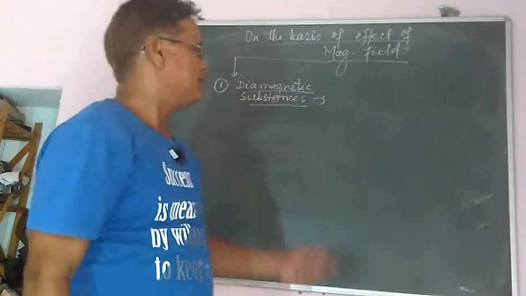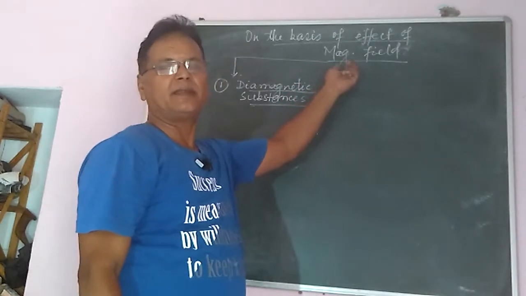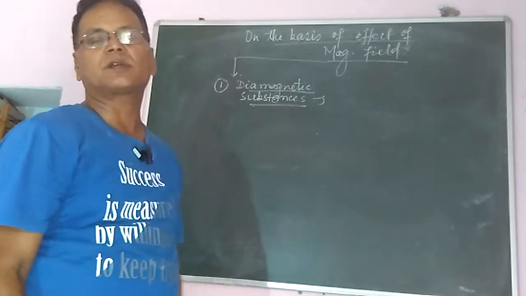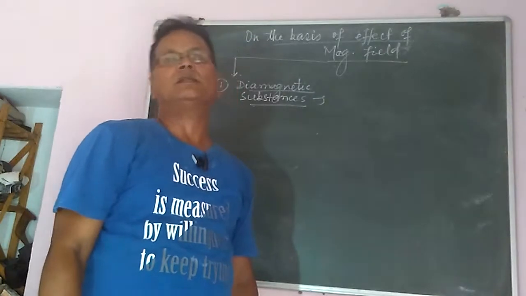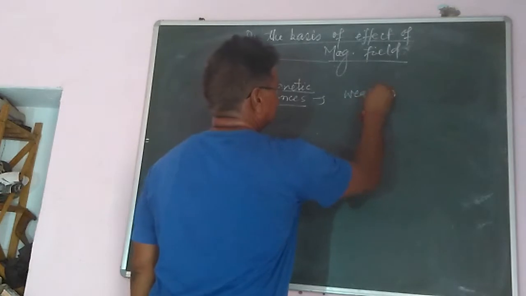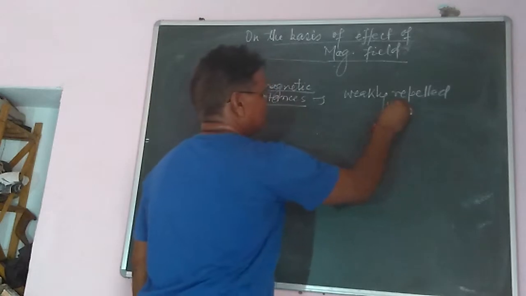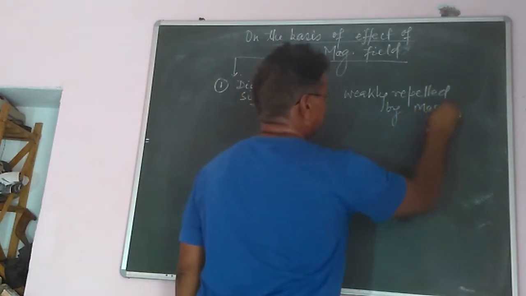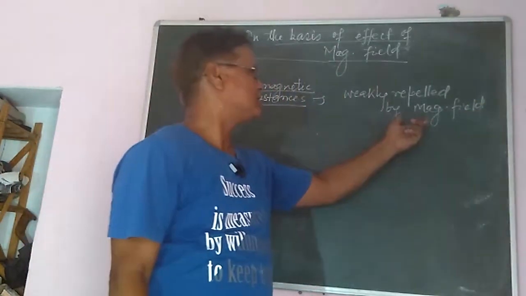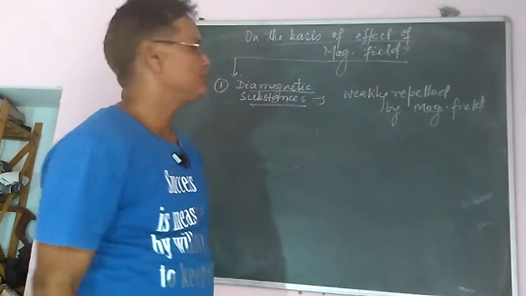Now, in diamagnetic substances, what happens when we apply a magnetic field near the substance? This substance is weakly repelled by the magnetic field. If a magnetic field is applied, the substance is weakly repelled by it.